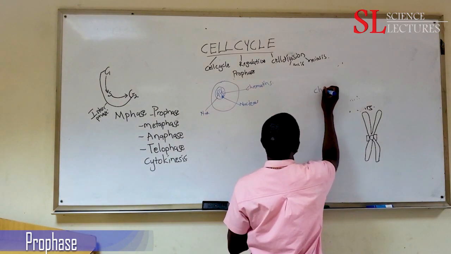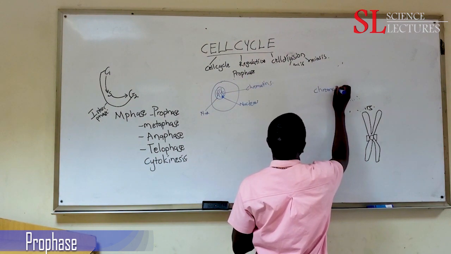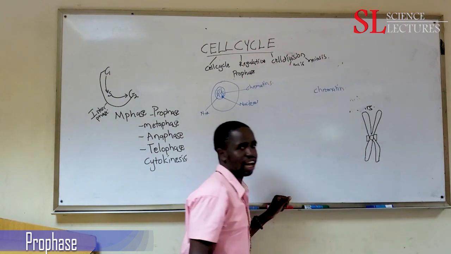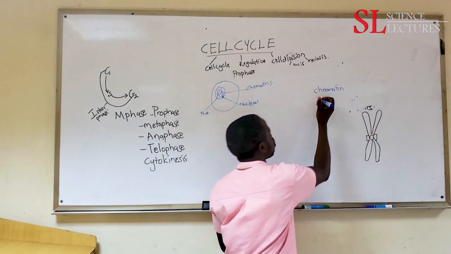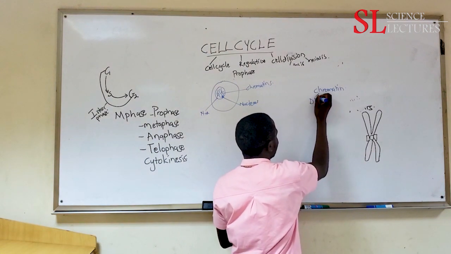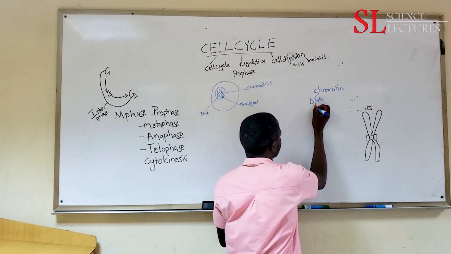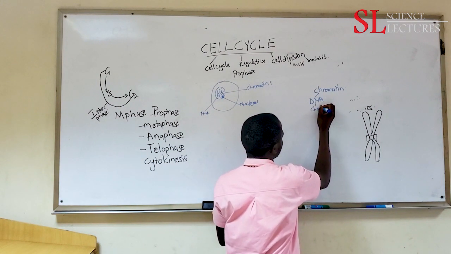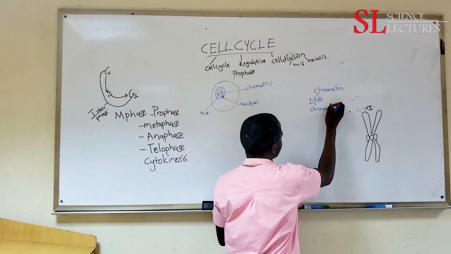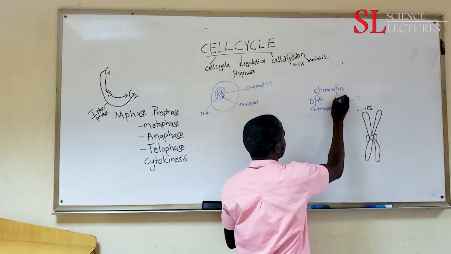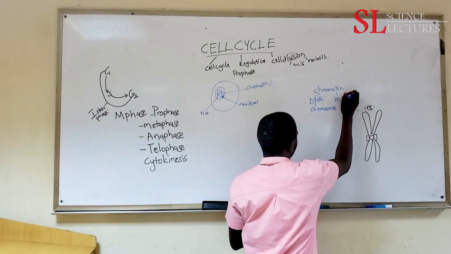A chromatin comprises two major things. Number one, it will comprise DNA, which we definitely know is coiled in thread-like structures called chromosomes. Then it shall also contain what we call histone proteins.